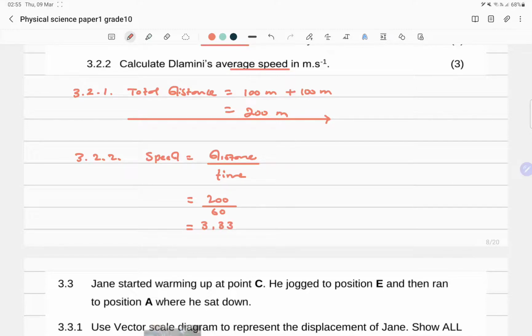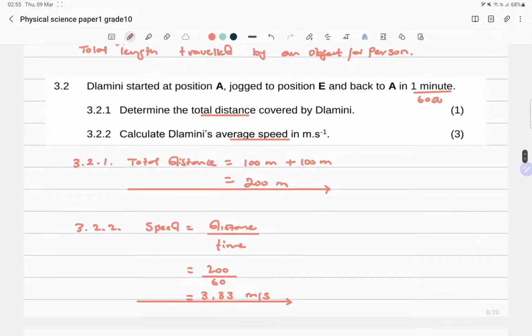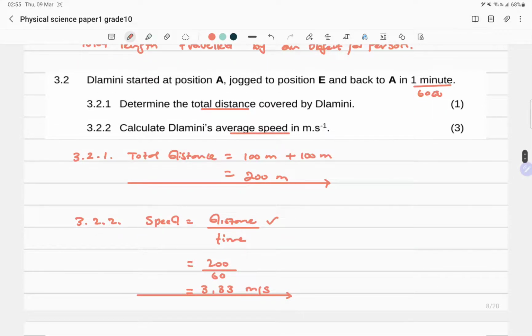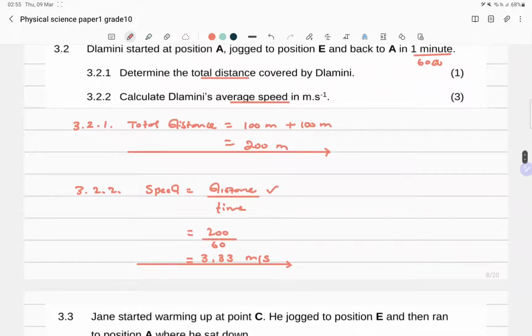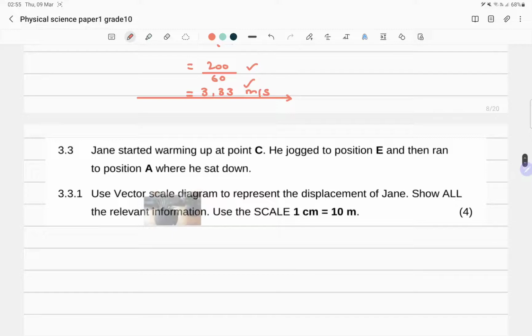They said 2 decimal places or more, so we're just going to say 3.33 meters per second. Again, speed is a scalar quantity. There's no need for direction. Great stuff. So what do we do here? You get a mark in physics for writing out a formula, for substituting into it, and for the final answer. And the answer must always have an SI unit. If it is not there, you are dead.